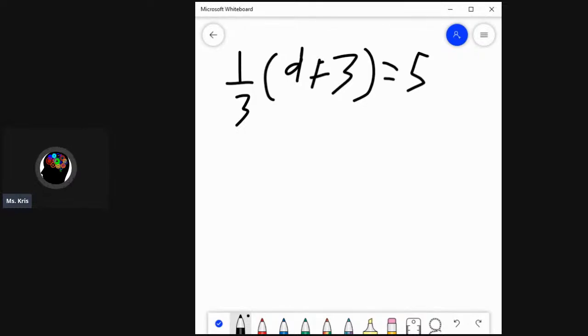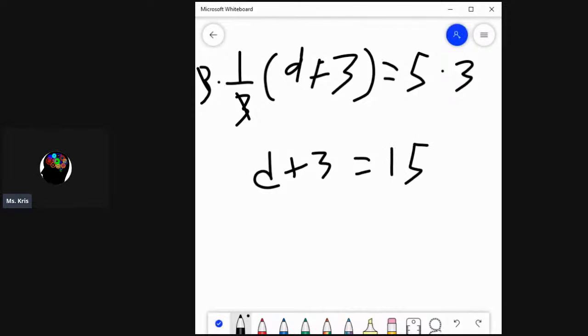Since the 1/3 is times the d plus 3, all you have to do is multiply by 3 on both sides of the equal sign. This will eliminate your fraction. Cross out the 3's, bring down my d plus 3. And of course, 5 times 3, that gives me 15.